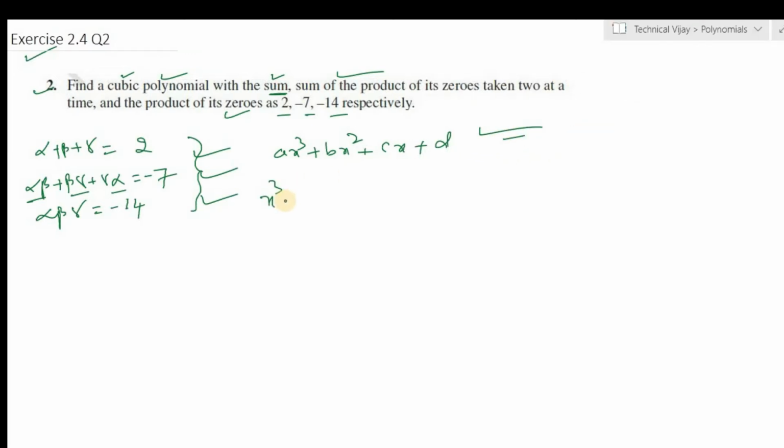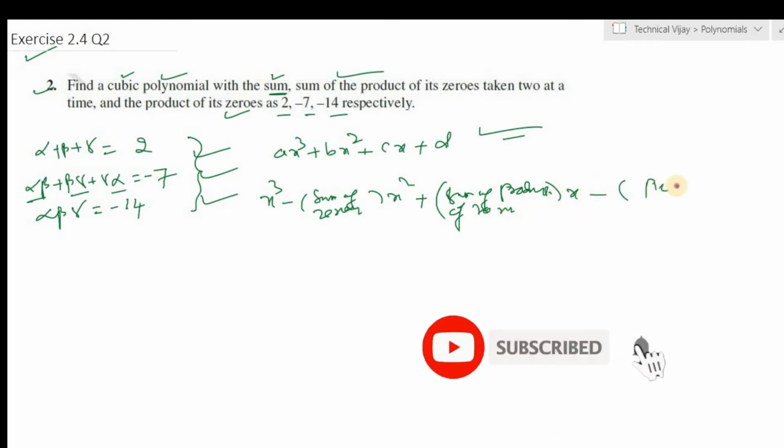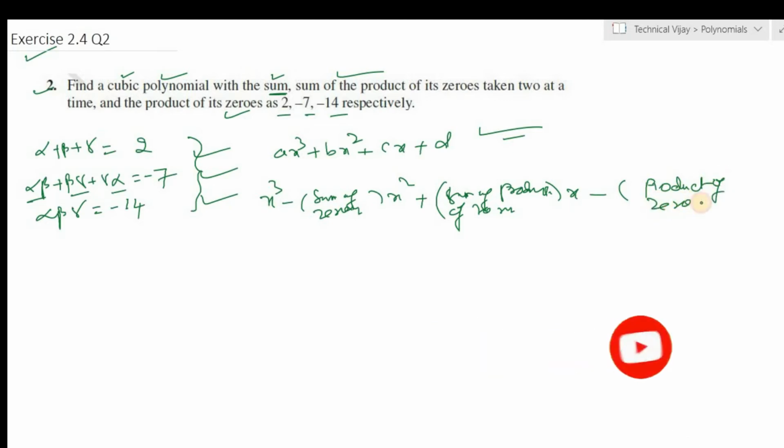Okay, we know that x cube minus sum of zeros into x square plus sum of product of zeros into x minus product of zeros.